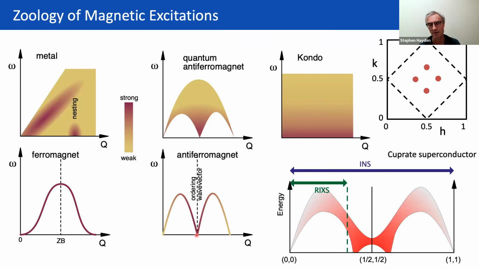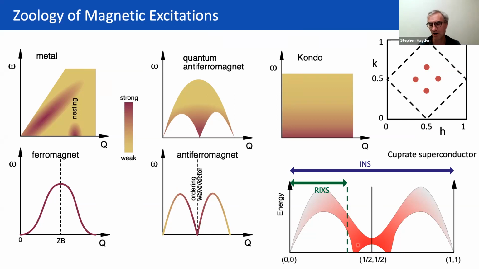Then as you dope them, this spreads out and broadens, and at low energies, near where it orders at pi pi, for the superconducting materials you get the famous four peaks. I've illustrated this here. This is a cut through reciprocal space, and the scattering is peaked away from what was the ordering vector of the material.